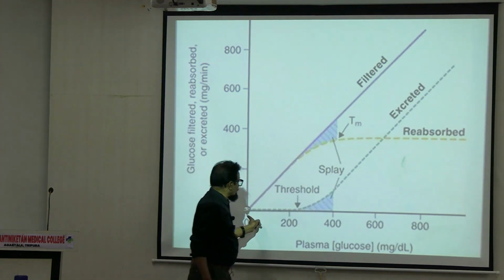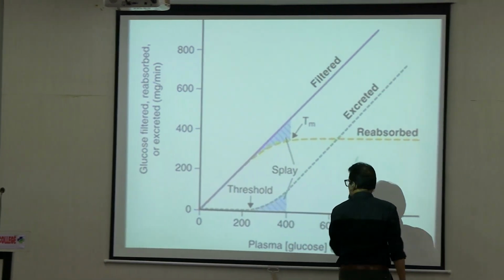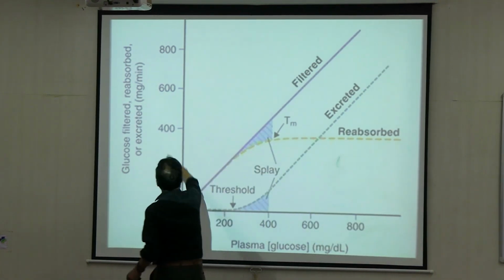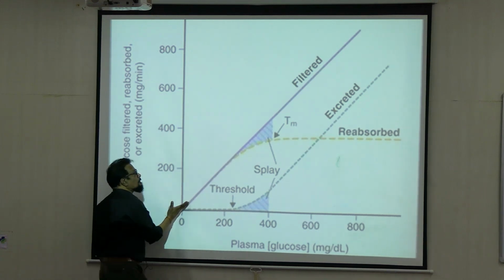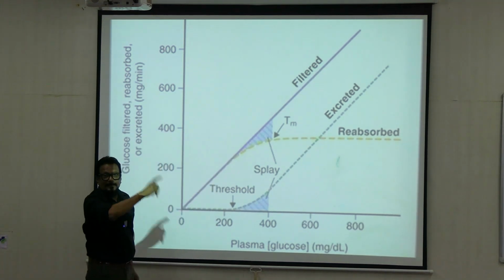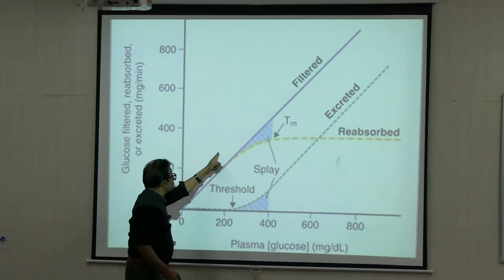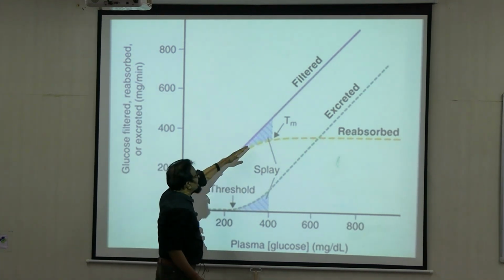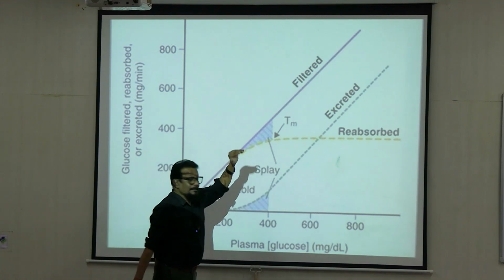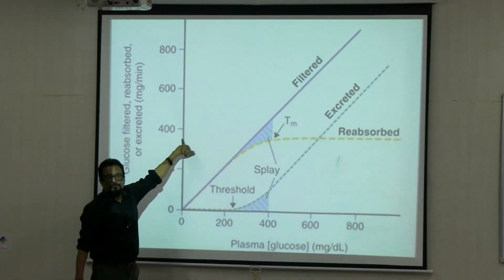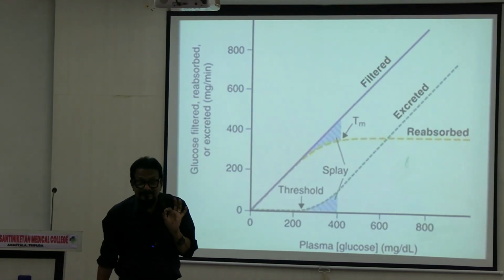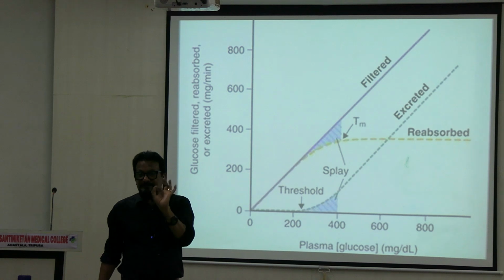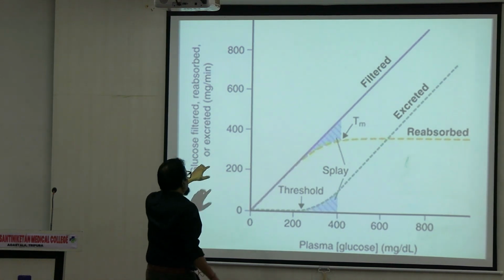If you go on increasing the glucose concentration, the rate of glucose load, the glucose filtration, will automatically increase linearly. But according to this, the TM for glucose is 375 milligram per minute. Okay, it is at that level.